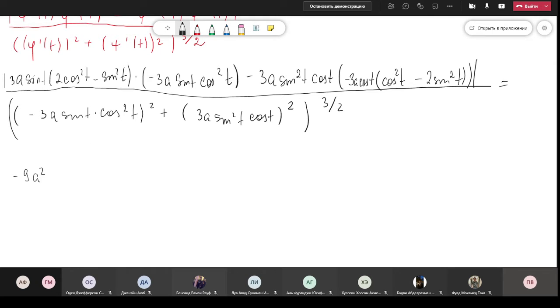Then sine times sine is sine squared. And cosine squared, I write down sine squared times cosine squared, and our bracket 2 cosine squared minus sine squared.